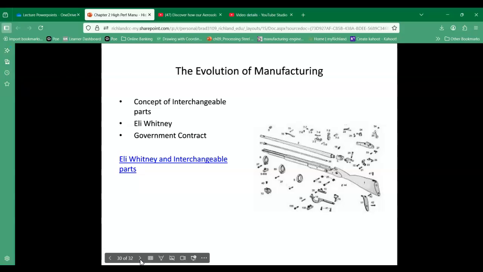Eli Whitney was given credit for this, of course, through his manufacturing of firearms. He was trying to get the government contract with the U.S. military.